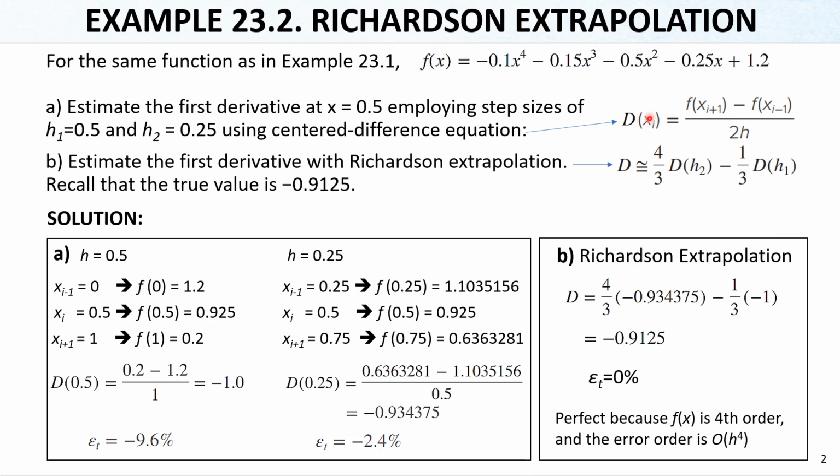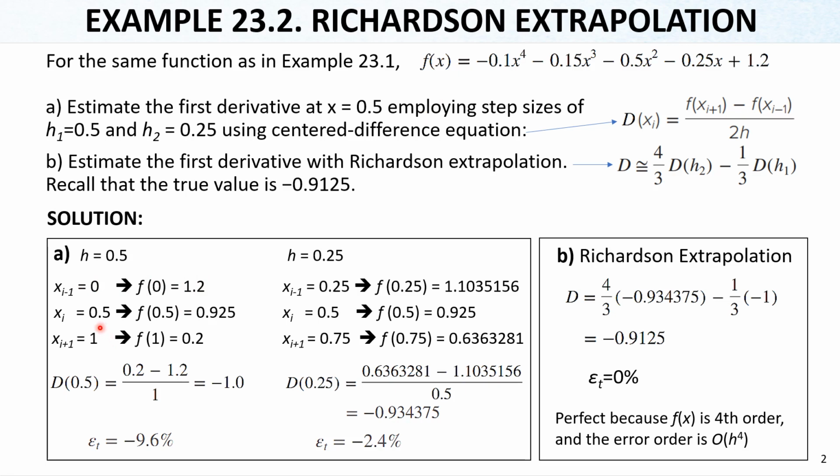So let's calculate this first for h equals 0.5. We know that xi is 0.5 here, so we need xi plus 1 and xi minus 1 with 0.5 step size. When we subtract 0.5, it's 0, and the result from the function is 1.2.